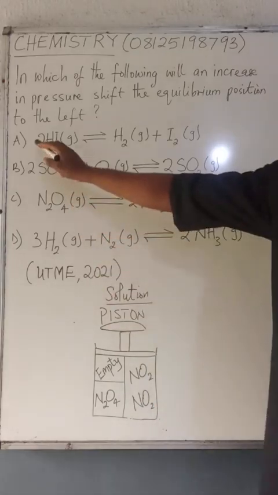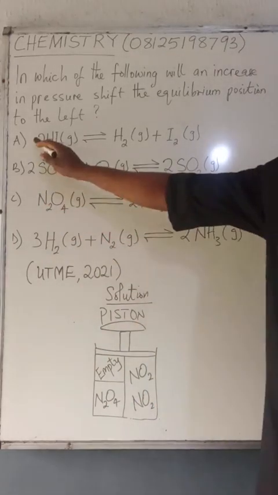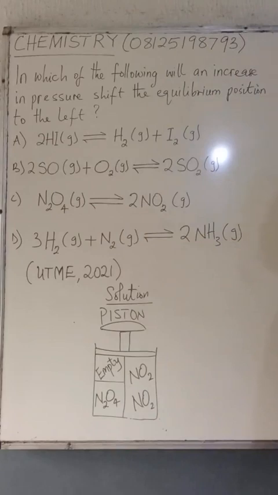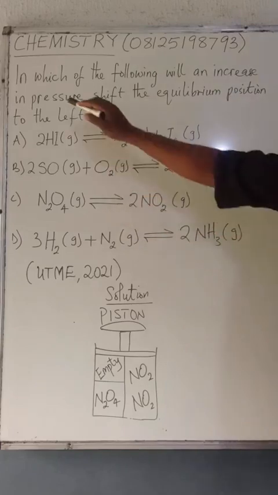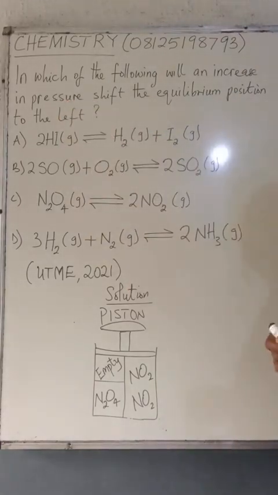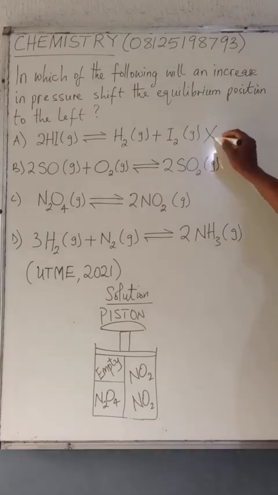What about the volume of the reactants? What's the coefficient here? 2. Is there any difference in the volume of the reactants and the volume of the products? Therefore, a change in pressure will not affect the position of equilibrium in this option A. Do you understand?